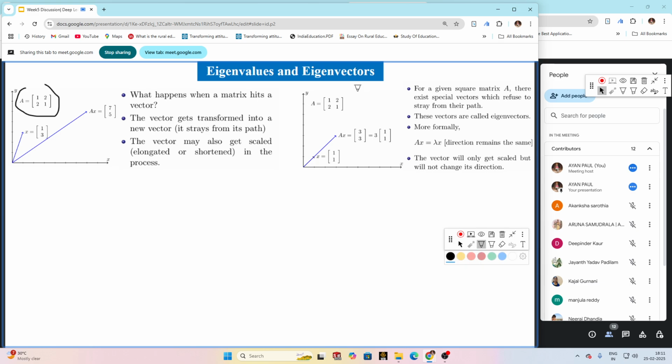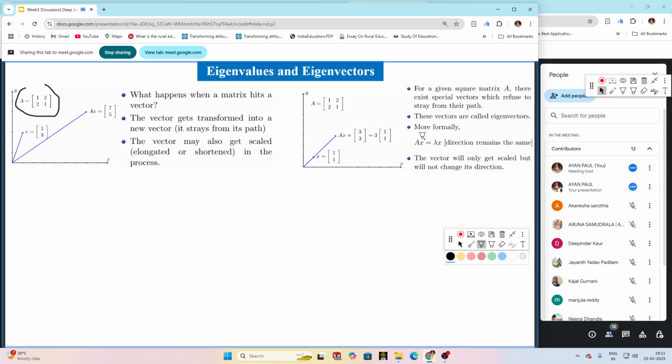Okay, so here you can see, earlier whenever we multiplied a matrix by a vector x, both the direction and magnitude of the vector changed. But here only the magnitude is changing, and the direction remains the same. So this type of vector is known as an eigenvector. Okay, so this is the thing.